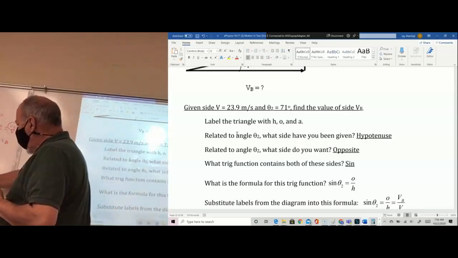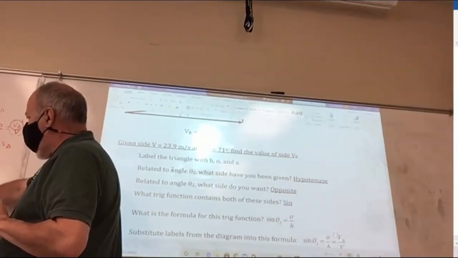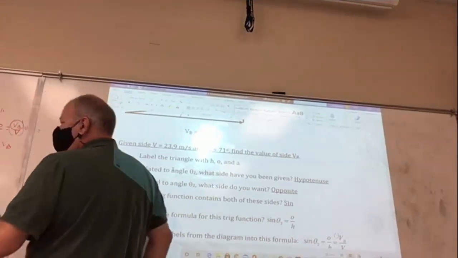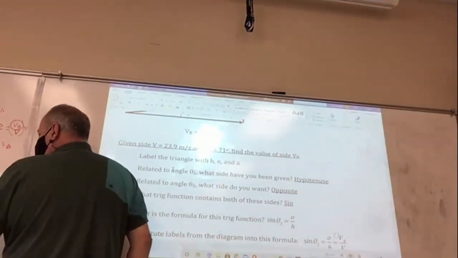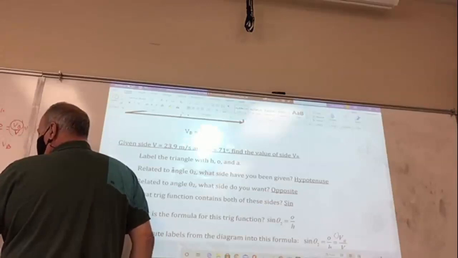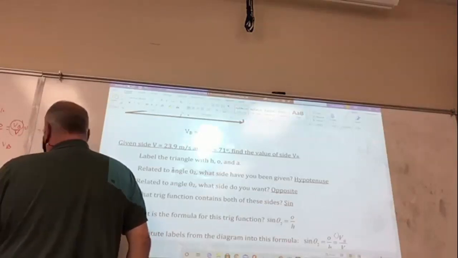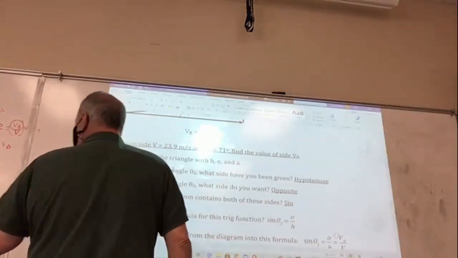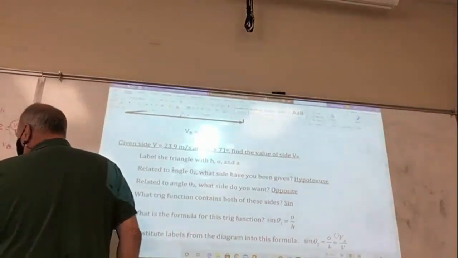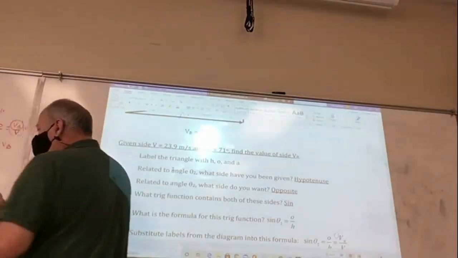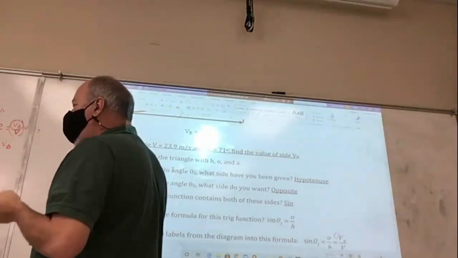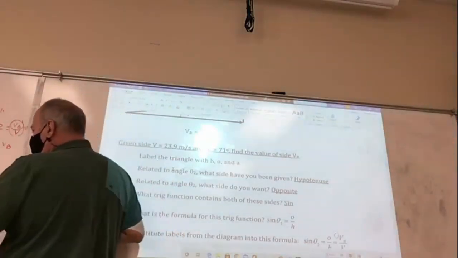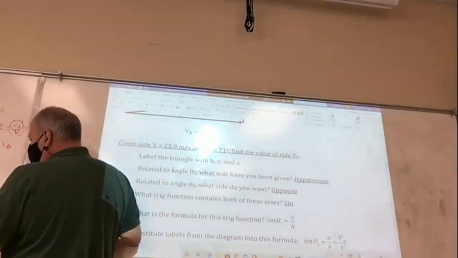I haven't labeled opposite, hypotenuse and adjacent to start with, but I have given them other labels, and I'm just substituting the correct labels in for the opposite and the hypotenuse. And then I've said, oh, what do I want to find? I want to find VB. Normally, I'll put a little circle around that so I know that that's what I want to find. I want to get VB by itself.